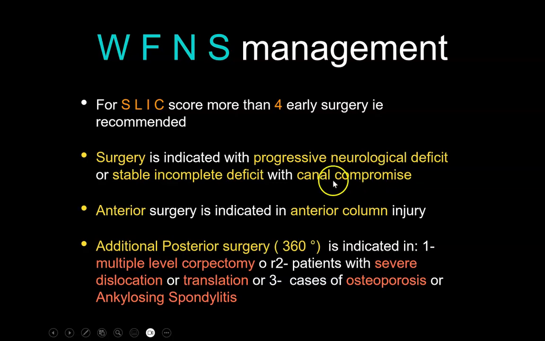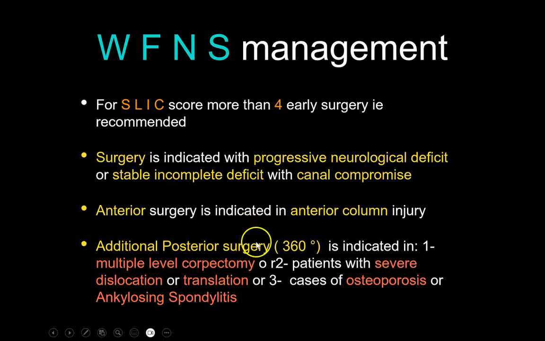So one of the indications for surgery: SLIC more than 4, progressive neurological deficit, a piece inside the canal compromising the canal, and anterior surgery is indicated in the anterior column injury. If you remember the anterior column, anterior longitudinal ligament, and the anterior two-thirds of the body and disc.